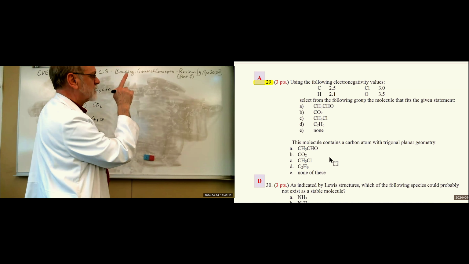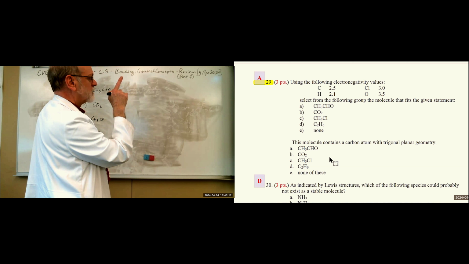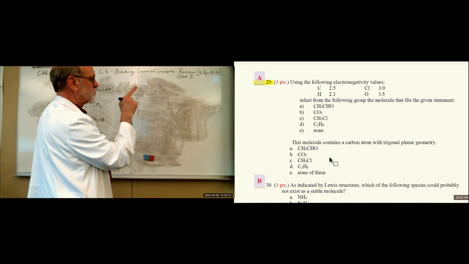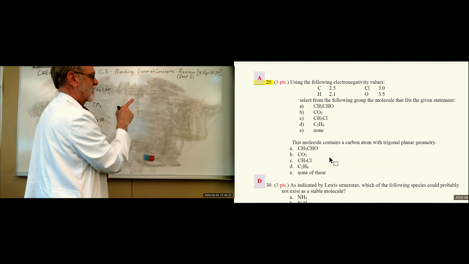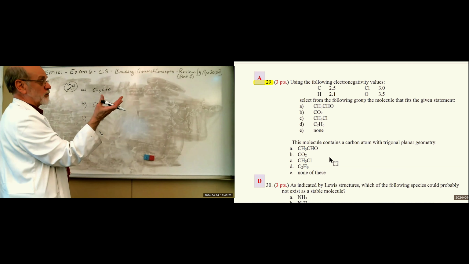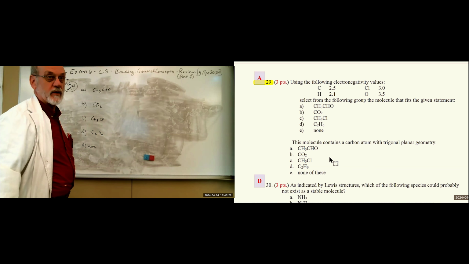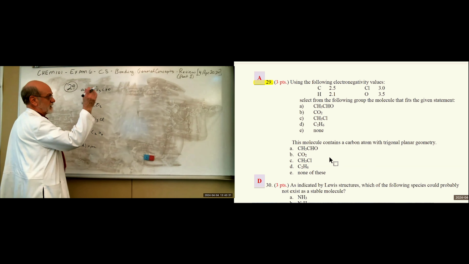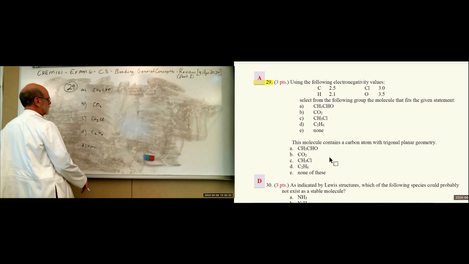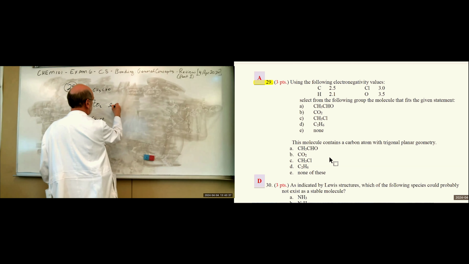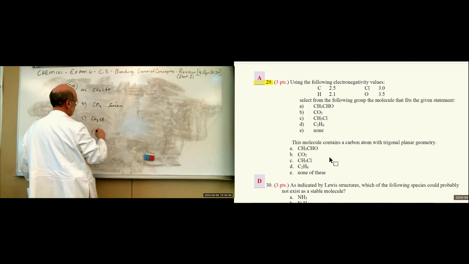And we want carbon atom with trigonal planar. Right? Trigonal planar geometry has nothing to do with electronegativities, right? You can do that without the electronegativity. So that's useless information. Right, we know this one is linear. Right, we've drawn that one before, so that's not it.